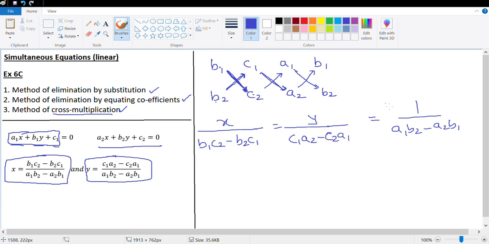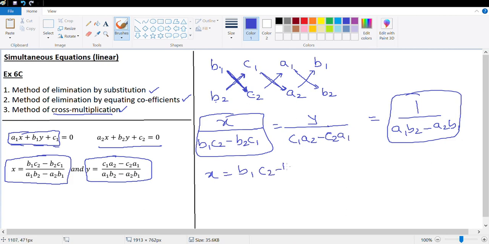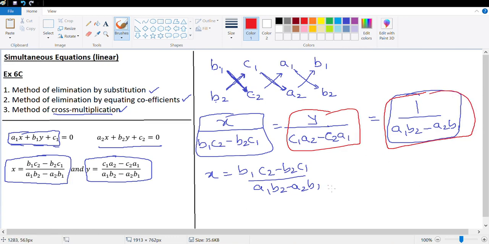After you put it this way, you look at the first term and the third term and you get x is equal to b1c2 minus b2c1 upon a1b2 minus a2b1. Then you look at the second term and the third term and you get y is equal to c1a2 minus c2a1 upon a1b2 minus a2b1.